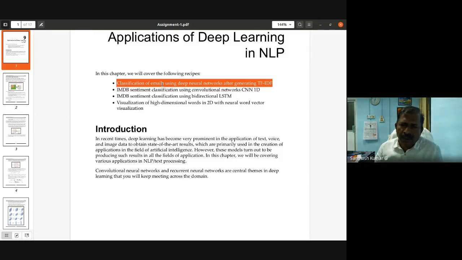For example, let's say computer is a class. Wherever the word computer or a related term comes, you classify those emails as related to queries about a computer. Or you take the data set and see how they have labeled it, take those labels as different classes, train the neural network and then classify, right?